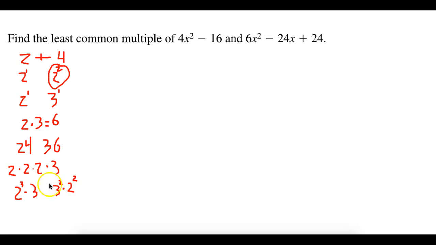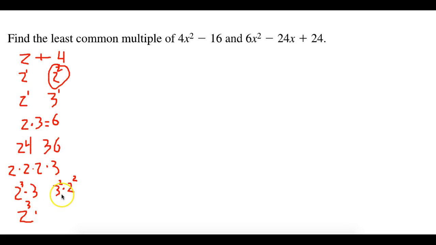Now, to figure out the least common multiple, we need to look at each factor and take its highest exponent. In this case, our common factor is 2, and the highest exponent is 3, so we write down 2 cubed. Then we look at our next factor, which is 3.